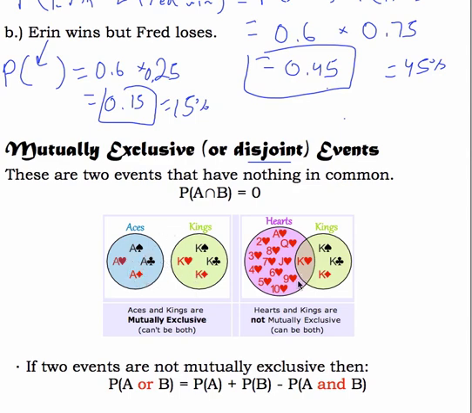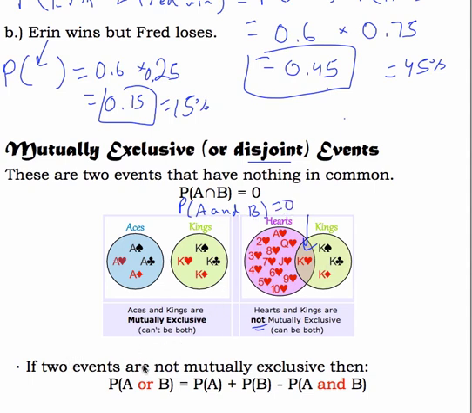But you could get a card that's a heart and a king. There's like an overlap here, okay? So this is not mutually exclusive, and this is a mutually exclusive case. This comes up when we have probability. This means probability of an event A happening. This means probability of A and B equals 0, so they can't be both.